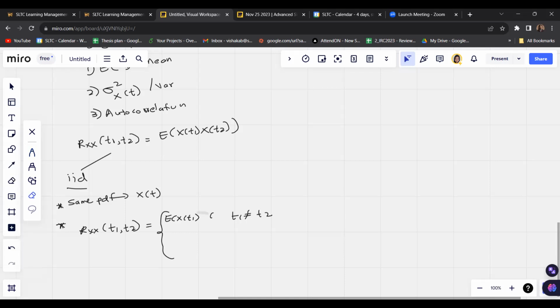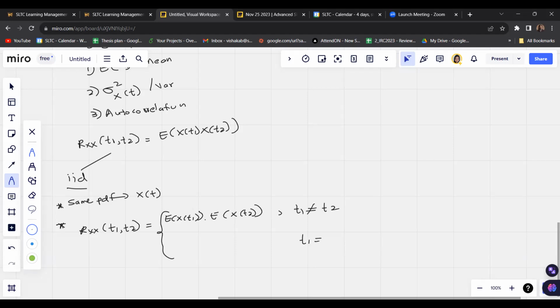So the product of the mean values of xt1 and xt2 can be taken as the autocorrelation value when t1 and t2 are different. Sorry, not equal.